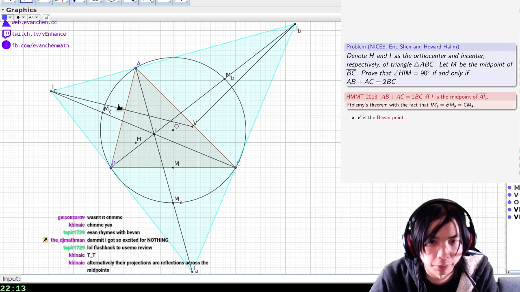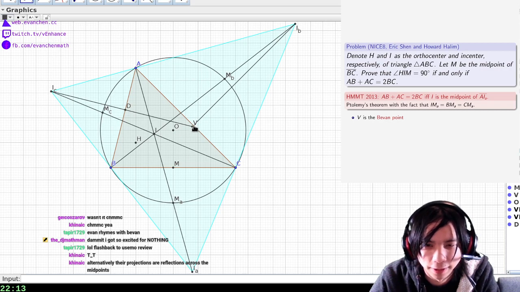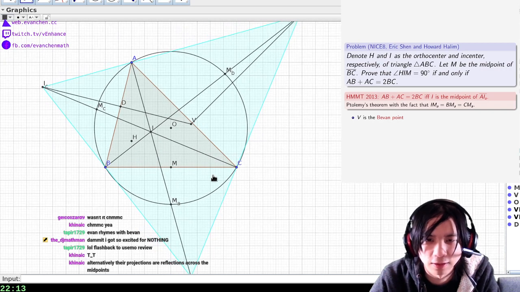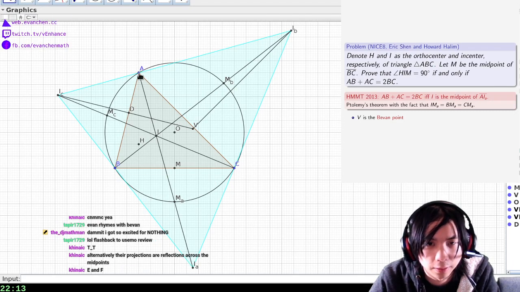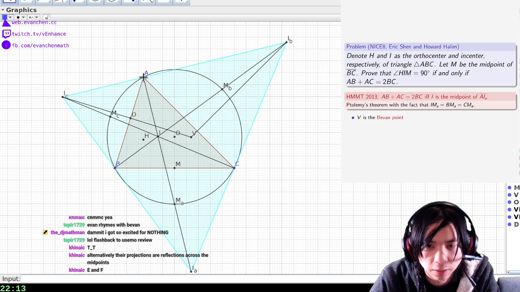So we're going to mark these two points, and I need names for them. I don't want to call them D and E. Also, that point is really hard to mark. Let me perturb the picture a bit. Here, that's better.